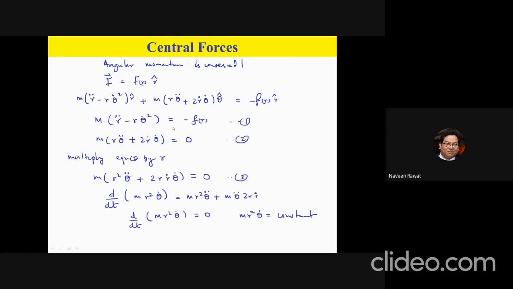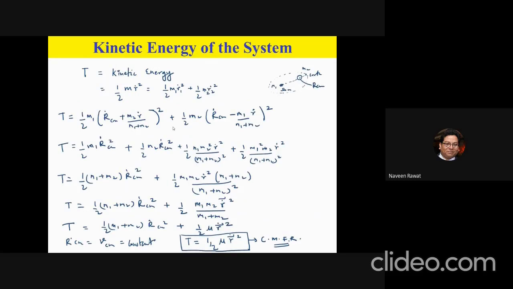In continuation with this, what we also did was we looked at the kinetic energy of a system where we have two masses, and we tried to give an expression for this system in terms of the reduced mass. So mu here is the reduced mass, and we get r dot, which is the velocity, squared.